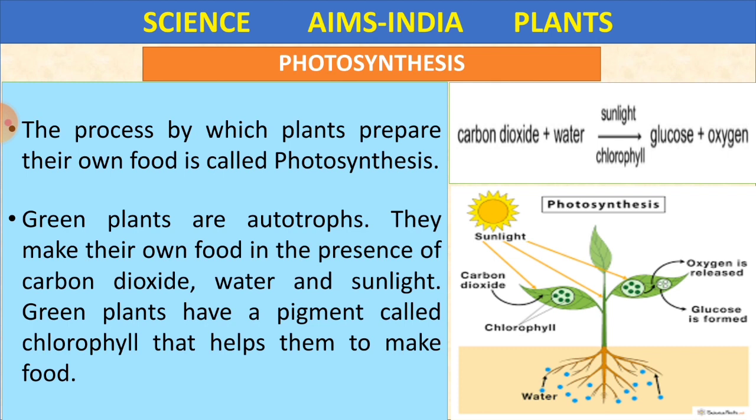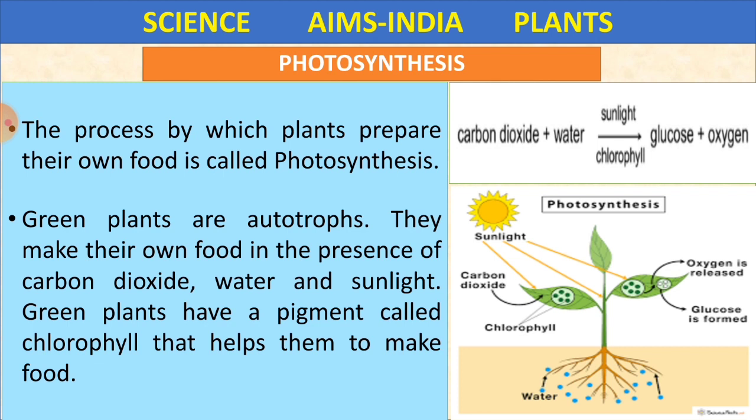And they make their food in the presence of carbon dioxide, that is the gas in the air which we cannot see. Yes or no, children? The gas, carbon dioxide, is in the air, along with water and sunlight.